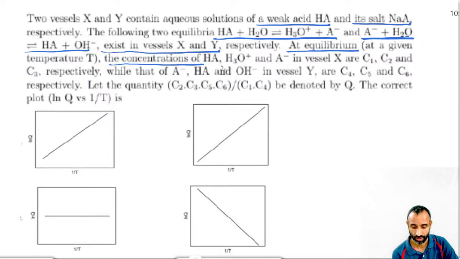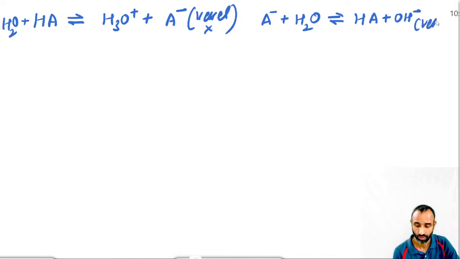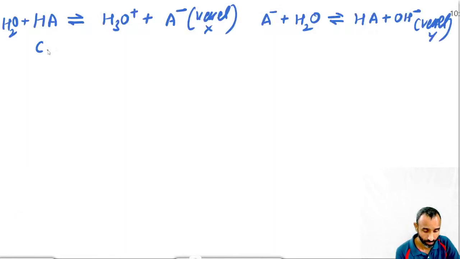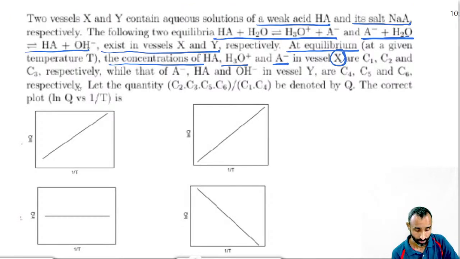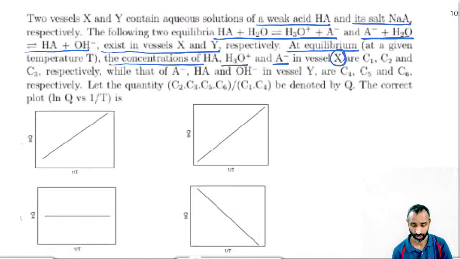At equilibrium, concentrations of HA, H3O plus and A negative in vessel X are C1, C2, C3, and concentrations of A negative, HA, OH negative in vessel Y are C4, C5, C6.